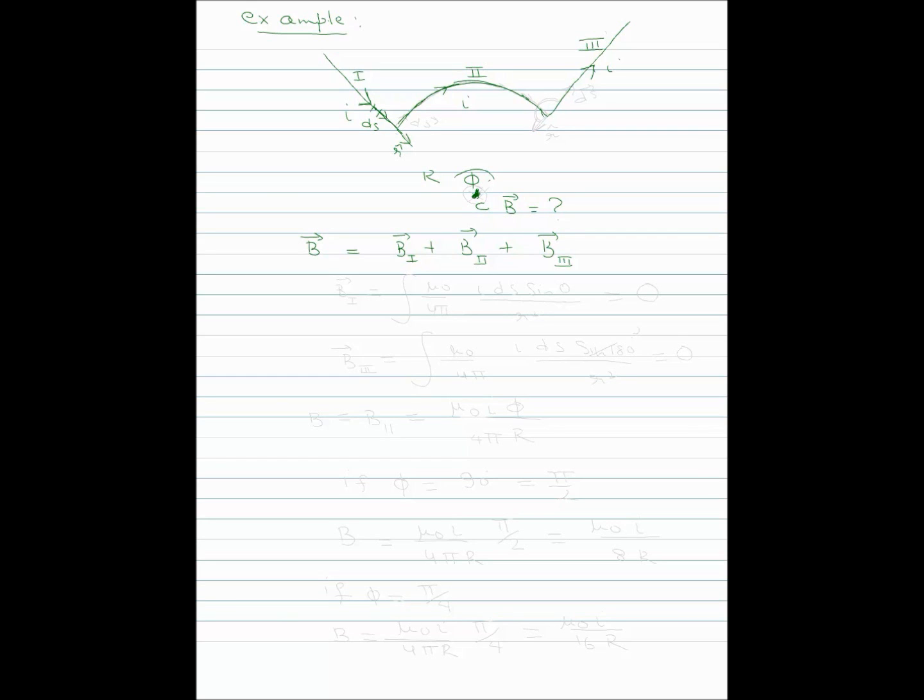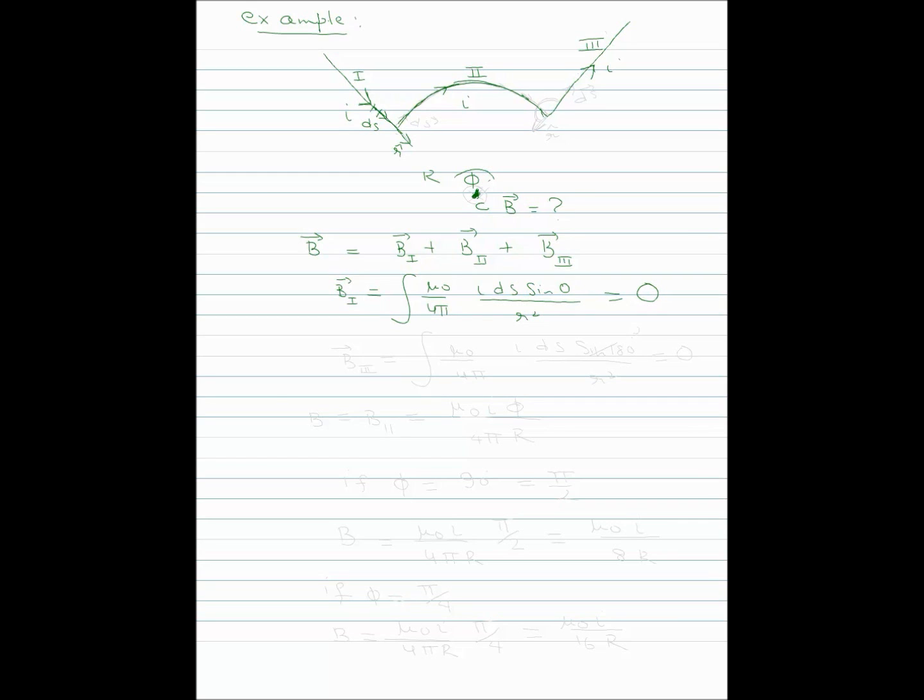So if ds and r hat are in the same direction, I hope you can see that B1 will be 0, because that's going to be the integral of mu 0 over 4 pi, I ds sine 0, divided by some r squared, but sine 0 is 0. So this is obviously going to give us a 0.